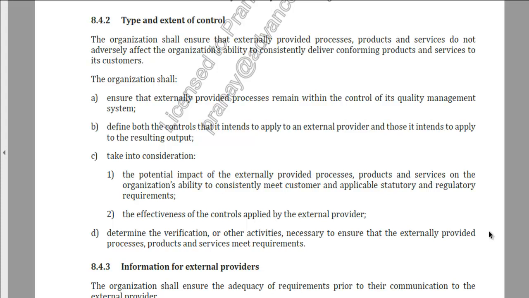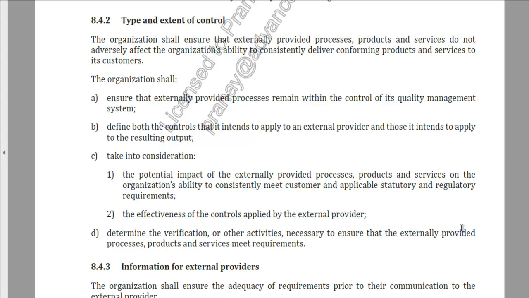You must realize that you are exhibiting control for your vendors. The controls must be in keeping with the possible impact that the externally provided process, product, or service could have on the organization's ability to deliver as per customer requirements and the applicable statutory and regulatory requirements.